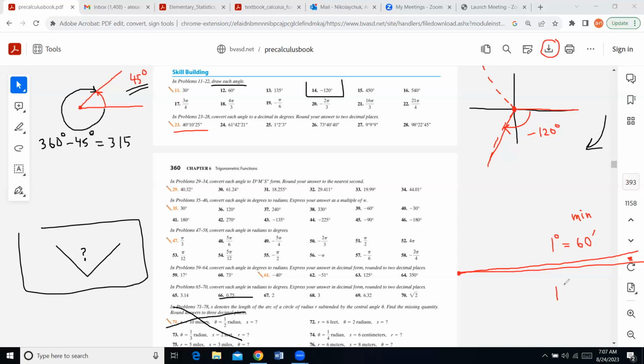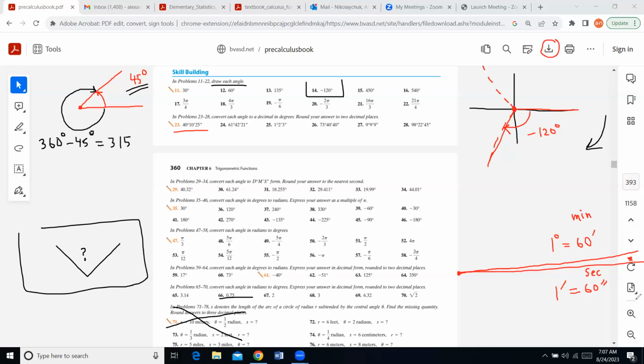And in 1 minute, I'm sure you all know there are 60 seconds, and those seconds we mark with two little primes. So 1 minute is 60 seconds. These two definitions are being utilized in this group of exercises starting at 23.